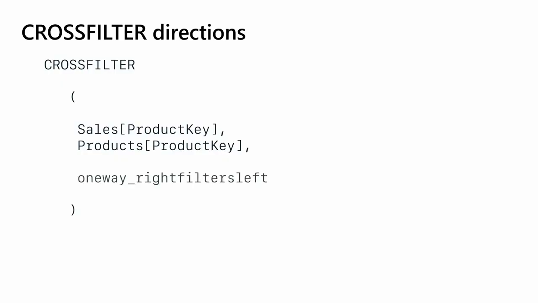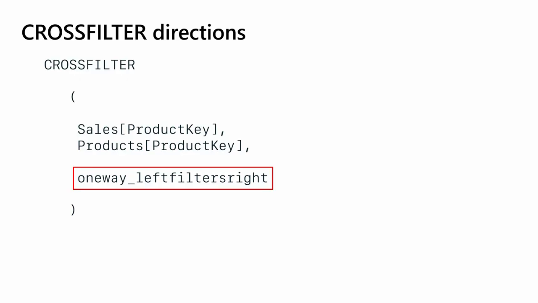However, you can't use the one-way option with a one-to-one relationship. Next is one-way right filters left. In this instance, filter propagation occurs from the right side to the left side of the relationship. And finally, there's one-way left filters right, in which filter propagation occurs from the left side to the right side of the relationship.